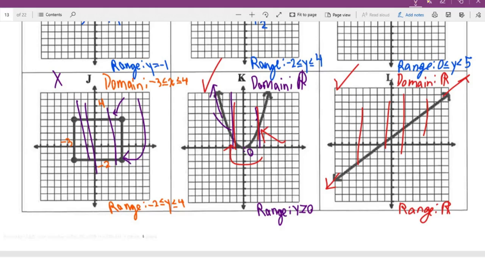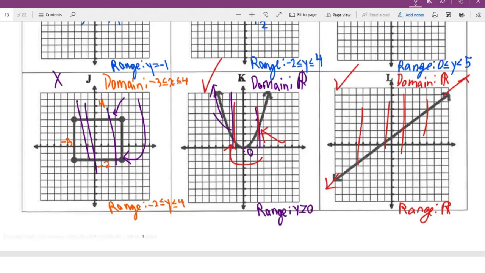A relation is the relationship between our points, between our x and y values. And our relation can have the same x for different y values. In contrast, our function can only have one y value for each x value.